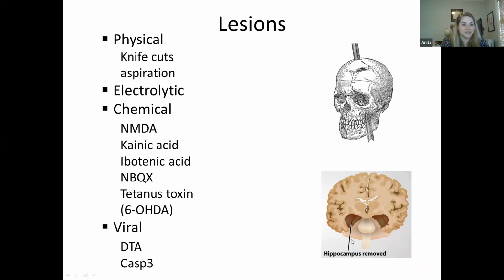And then do you recognize this one? That's the guy who lost his entire hippocampus. HM. Yeah, HM. It was removed.